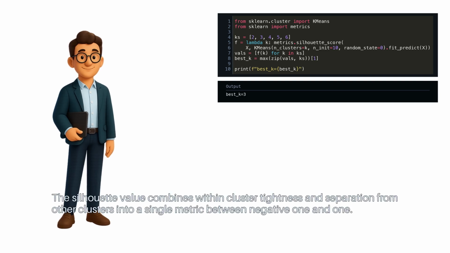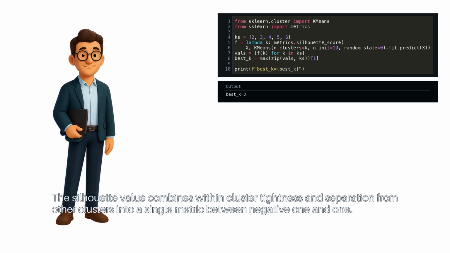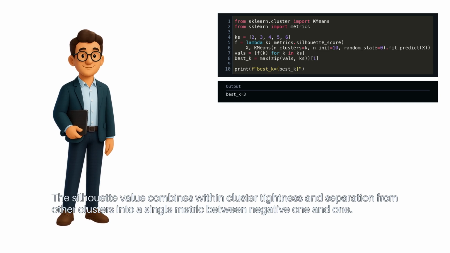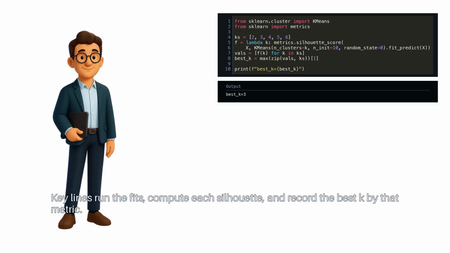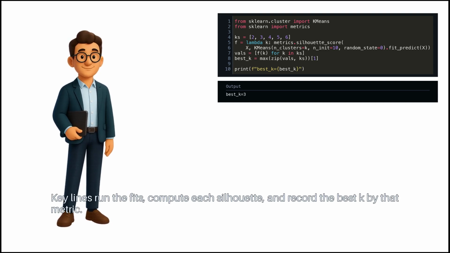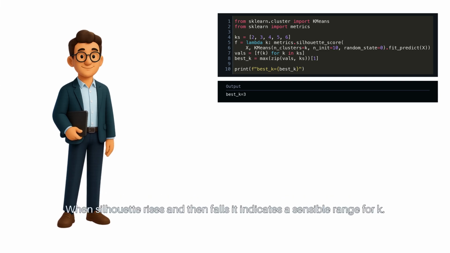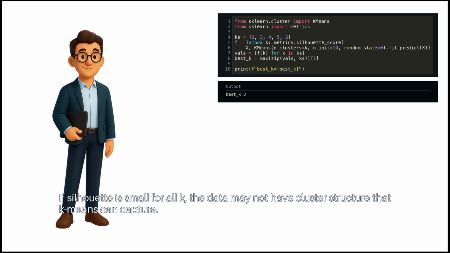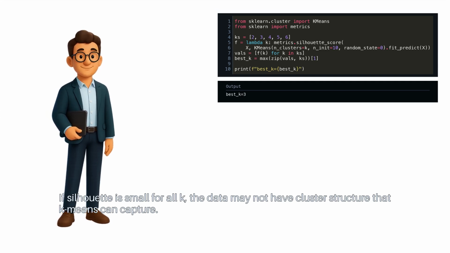The silhouette value combines within cluster tightness and separation from other clusters into a single metric between -1 and 1. Key lines run the fits, compute each silhouette, and record the best K by that metric. When silhouette rises and then falls, it indicates a sensible range for K. If silhouette is small for all K, the data may not have cluster structure that KMeans can capture.